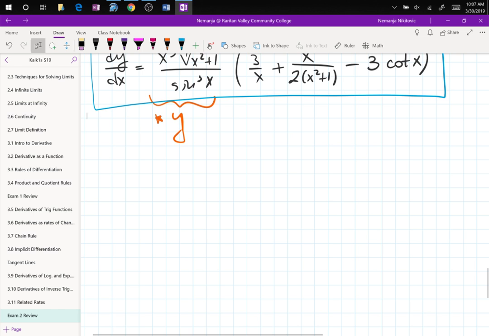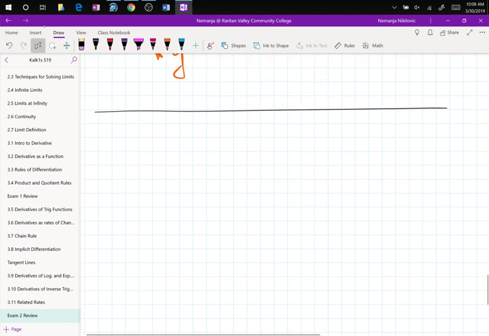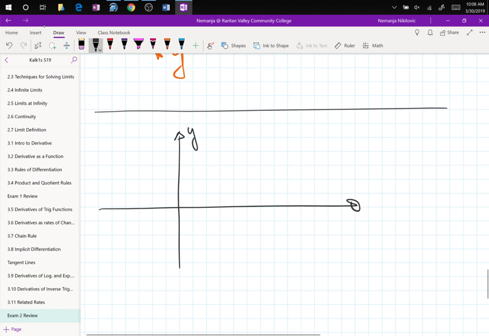And when you have a graph and you have to graph the derivative. Okay, so for f of x, we draw f of x in black, and then we'll do the derivative on the same xy axis but in red. So let's say you have this xy axis.